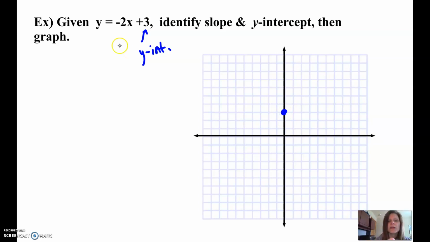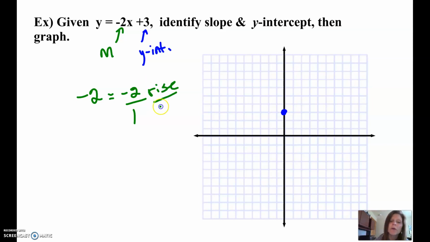And then this -2, the number that's in front of my x, is going to be my slope. So if I have a -2, that's the same as a -2 over a 1, right? You can always make a fraction out of an integer by putting it over 1. So I'm going to go rise over run according to this ratio.